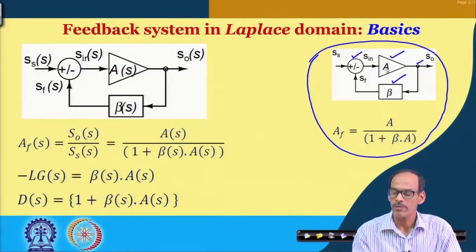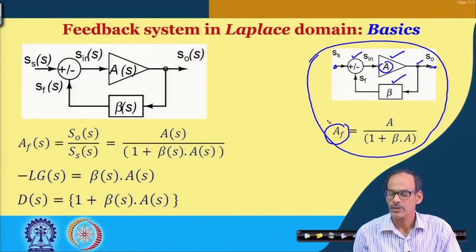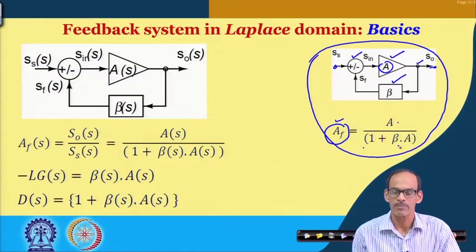The forward amplifier gain is A, and the primary input to primary output gain, which we call the feedback system gain, is AF, and as we know, this is A divided by 1 plus beta into A. This equation is very powerful.